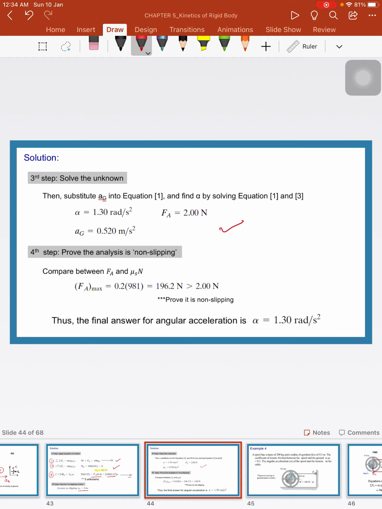Next, remember you need to prove the analysis is non-slipping, so you need to compare between FA and mu s N. When you compare, FA is smaller than mu s N, so it proves it is non-slipping. So this is the final answer.